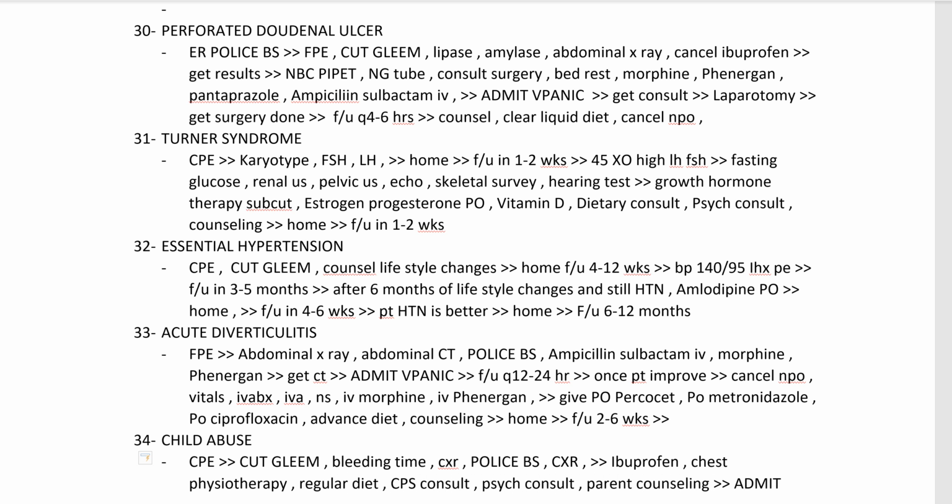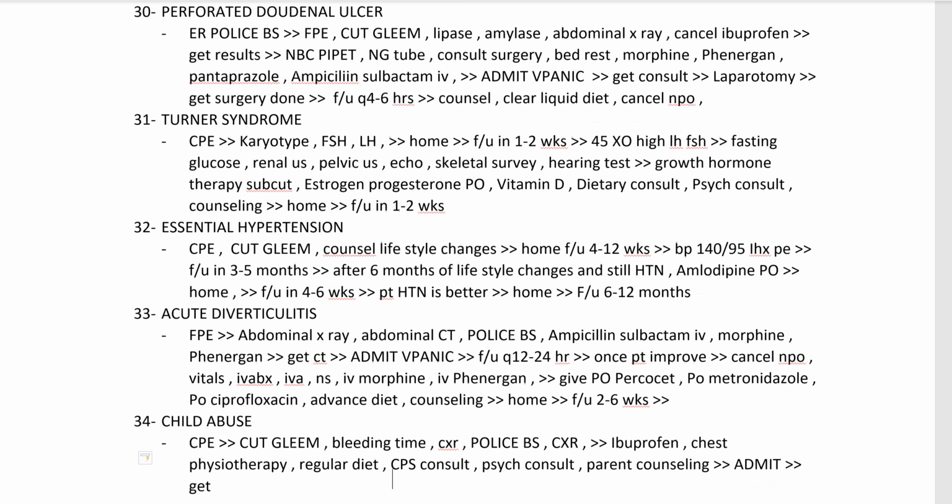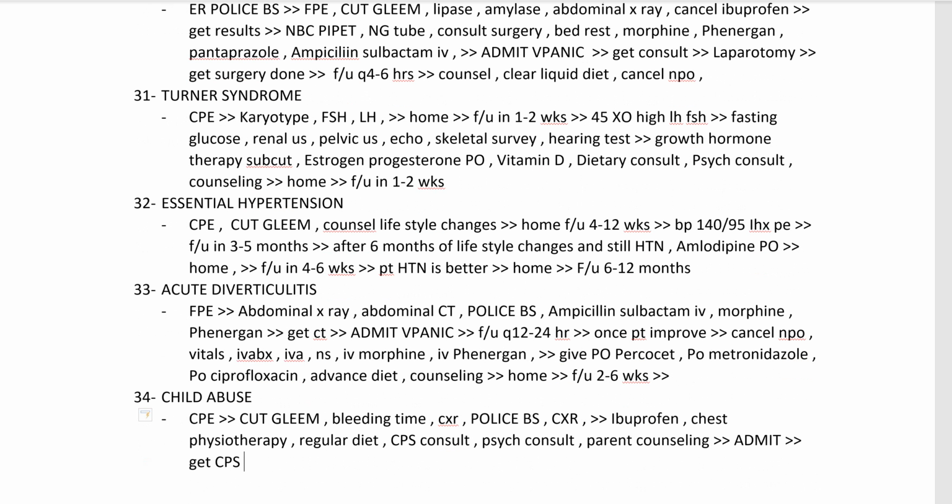Child Protective Services, what is it? We admit him until we get the Child Protective Services consult. What's your question about the CPS consult? I was thinking it should be done before admission.